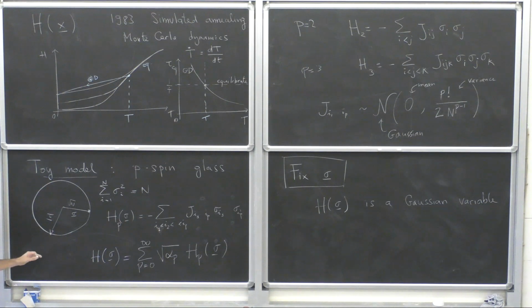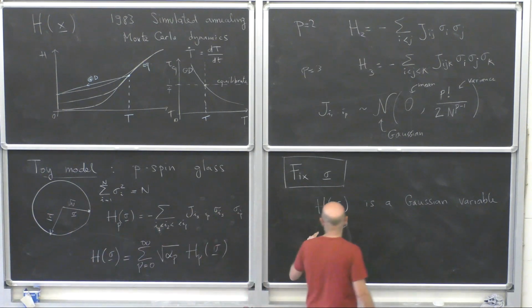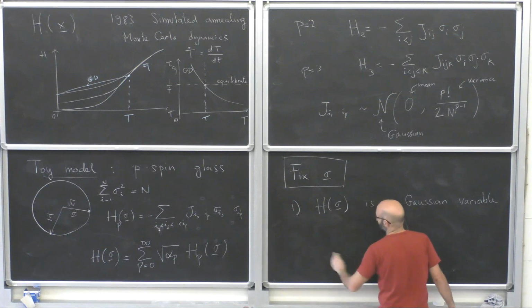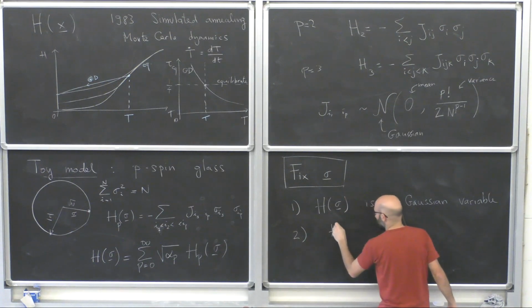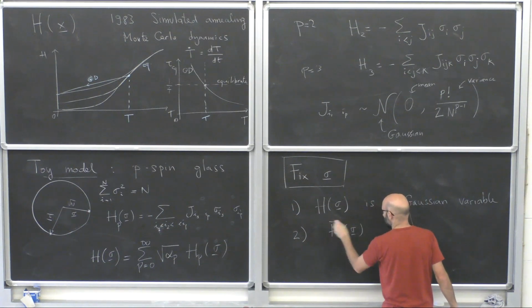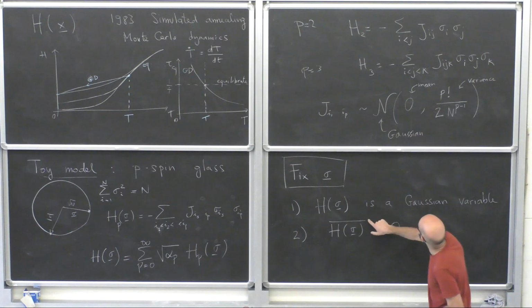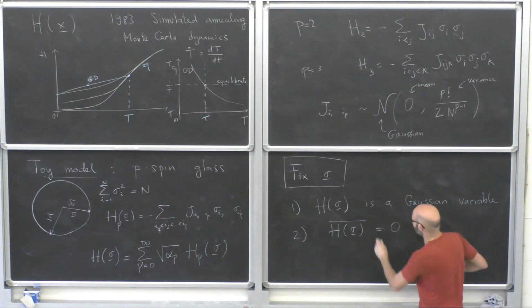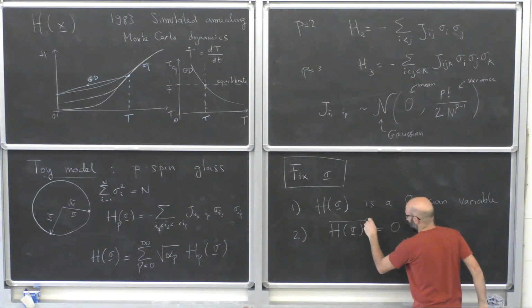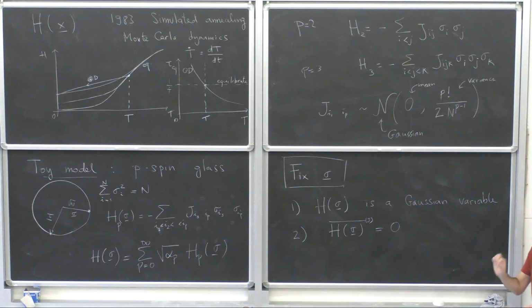If they are all Gaussian, then what I need to specify to get the statistics of this function is the mean and the covariance, right? And so the exercise for you is to show that the mean of h is equal to 0. So this over bar here is the mean over the j, for a fixed sigma. You fix the sigma and you take the average over j.